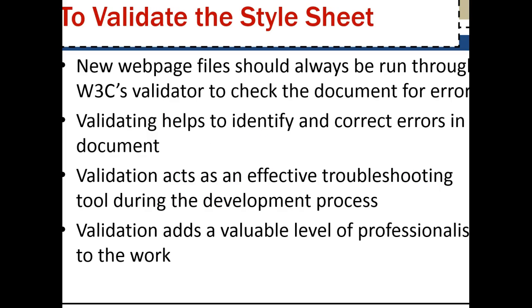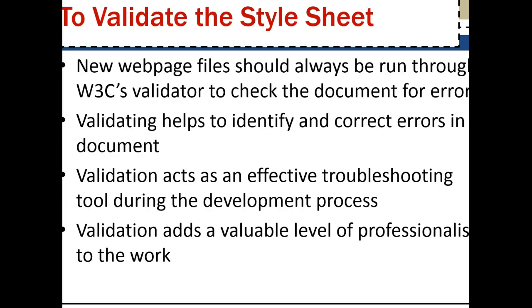The last thing that we're going to look at is to validate our style sheet. So always run your file through the W3C validators to check the documents for errors. If your document has any errors, the validation gives you a chance to identify and correct them, as we have done before.